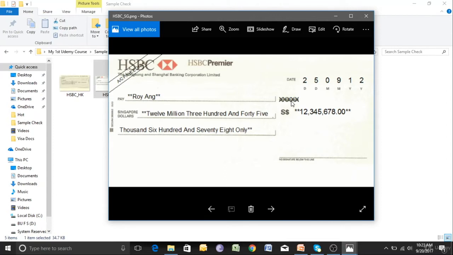These words are bearer, B-E-A-R-E-R. Bearer means whoever is holding the check. So if you have stricken this off, that means it has to be paid to Mr. Roy Ang. No other person can withdraw or take this check.